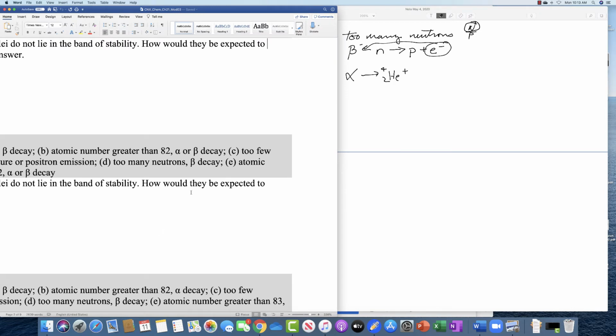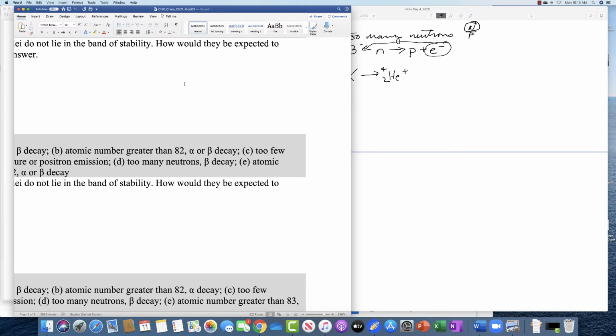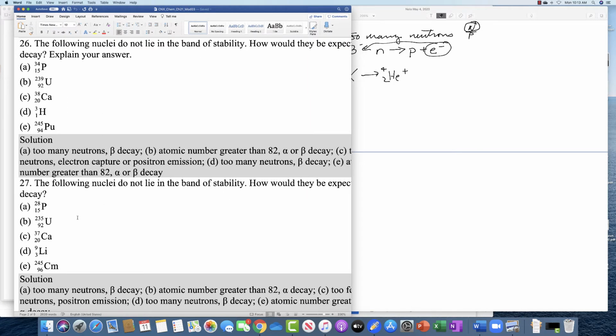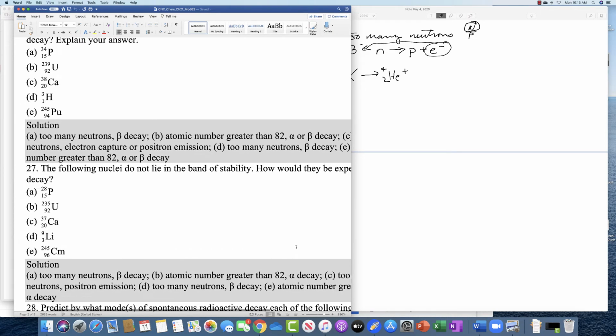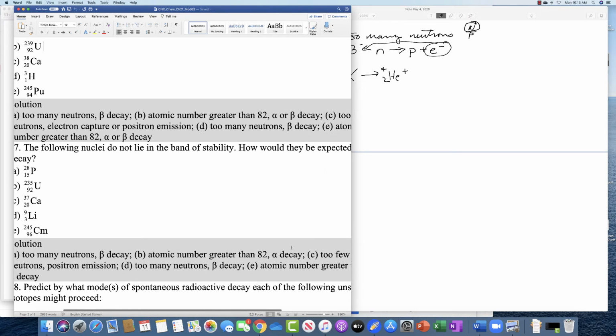We can look here at the answer sheet for this problem, and it says atomic number greater than 82, alpha decay. When you have a high atomic number, you end up with an alpha decay. And so that's number 2.